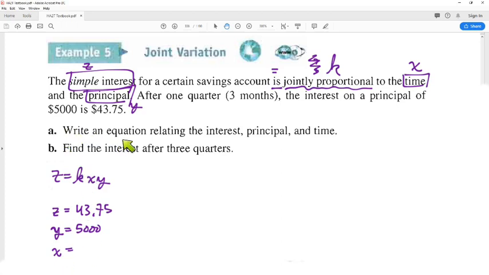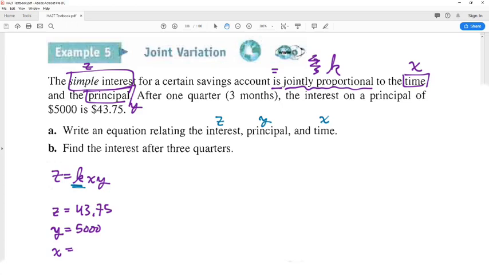Let's read. Write an equation relating the interest, principal, and time. Our interest, we said, was z. Our principal, we said, was y, and our time, we said, was x. So we have an equation right here, but it doesn't work if we don't have a number for the k.